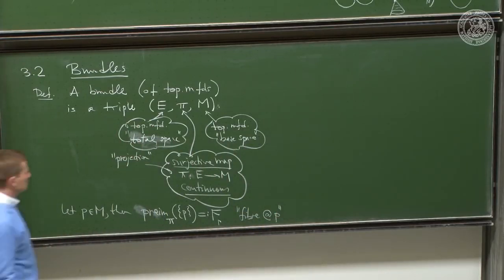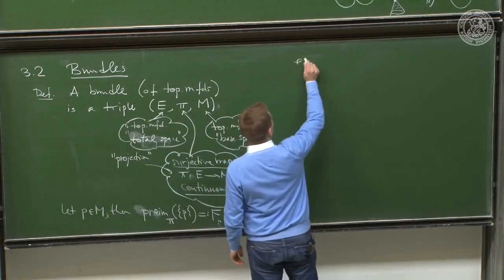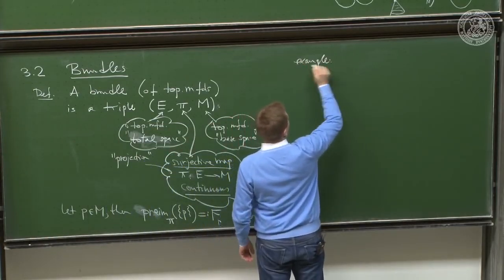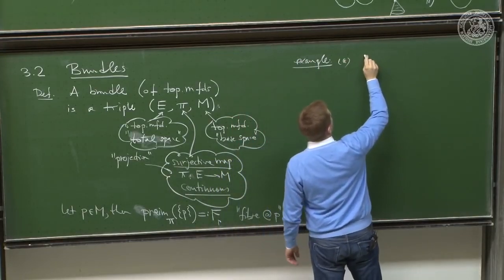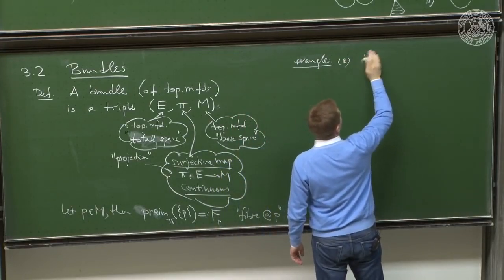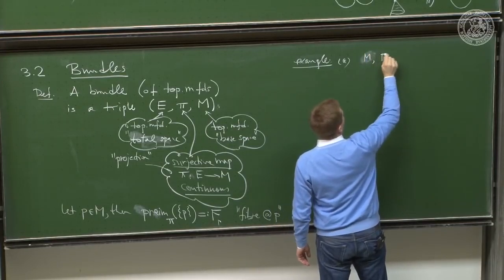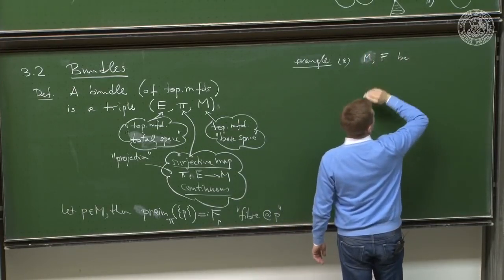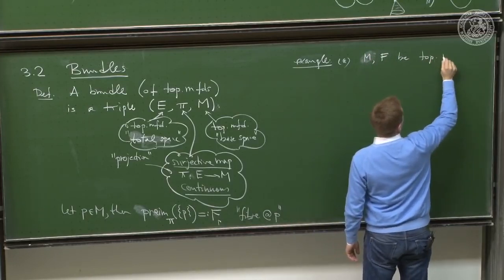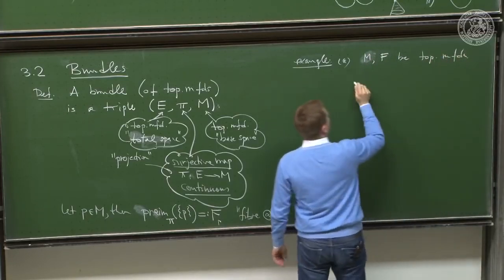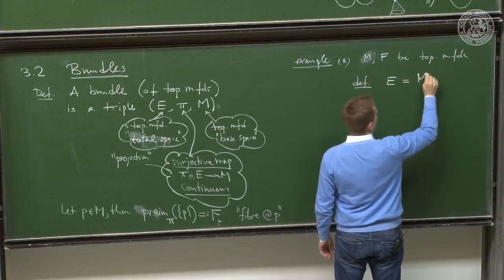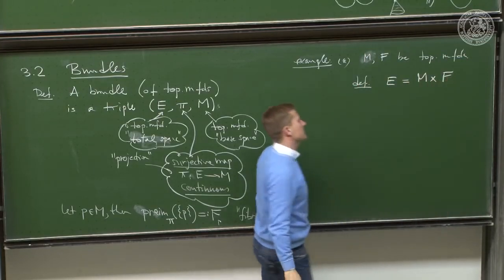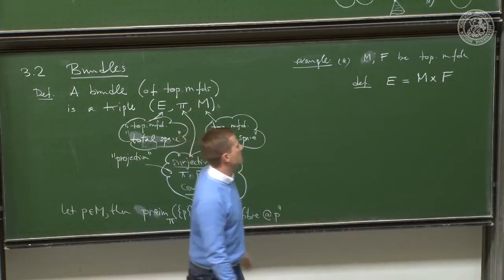Okay, well, example. A trivial example is a product manifold. So let M, F be topological manifolds, and then define the total space to be the product of the base space and the fiber, so every time you attach the same fiber.